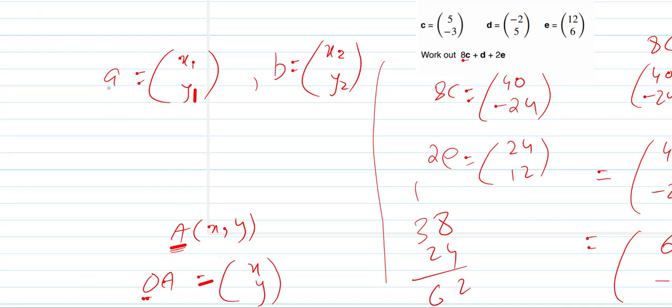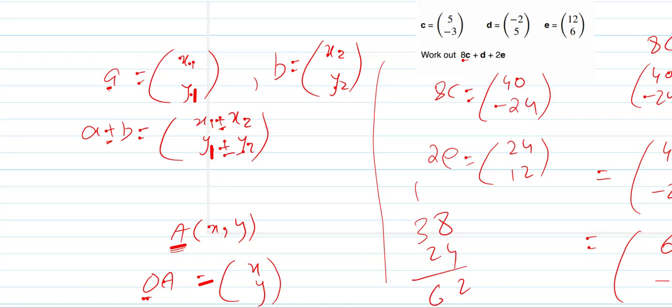So what will be A plus B? We will add the x component with the x component and the y component with the y component, y1 plus y2. If you have to subtract, you will just subtract them. So this is what we did here.